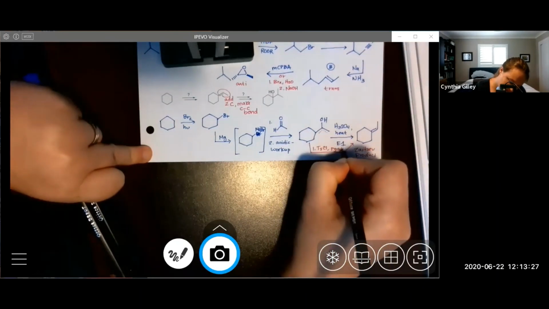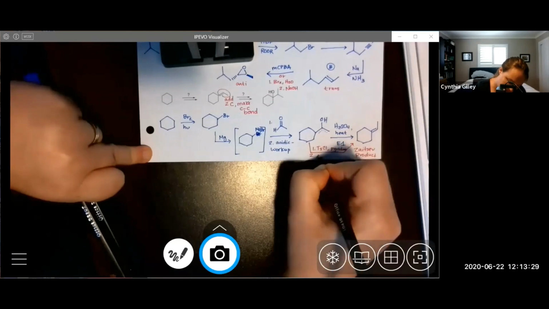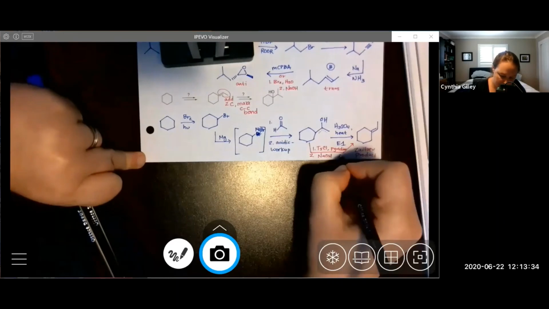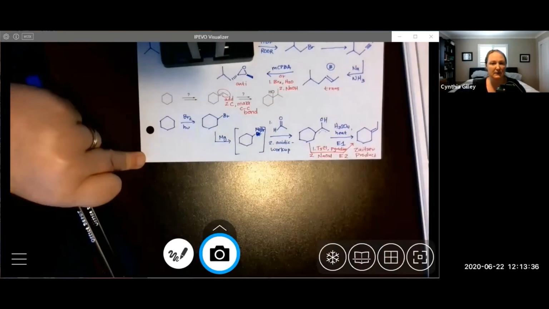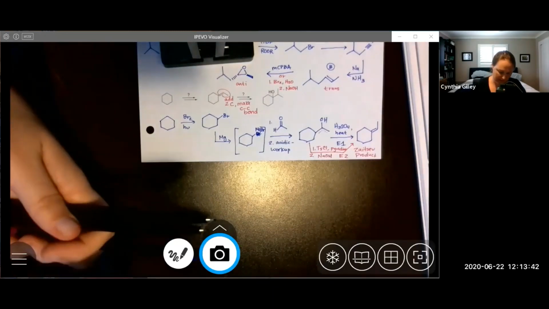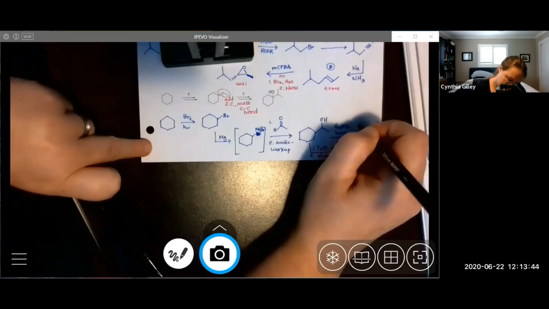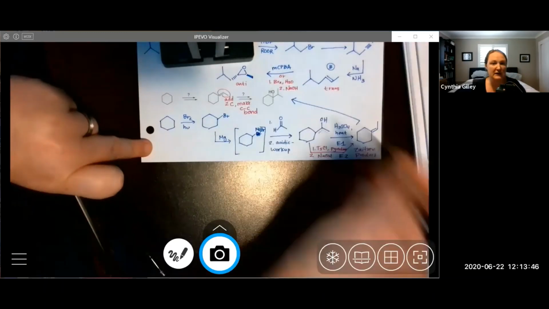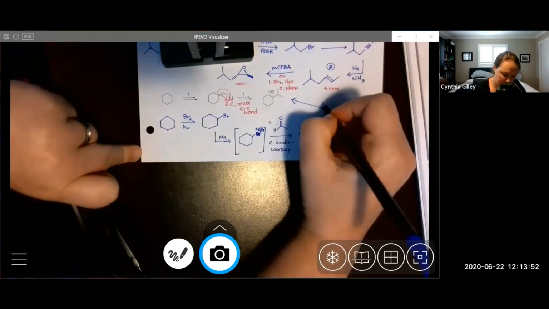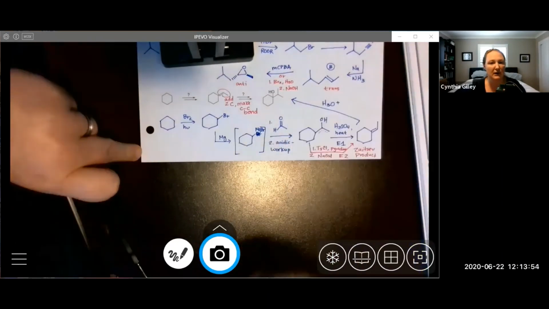You could tosylate and then treat it with a small, strong base for an E2 reaction to get there. There are options. And then from here to the product, we only actually need one step. We just need to do our Markovnikov hydration. If there's going to be no rearrangement, we might as well just do H3O+.